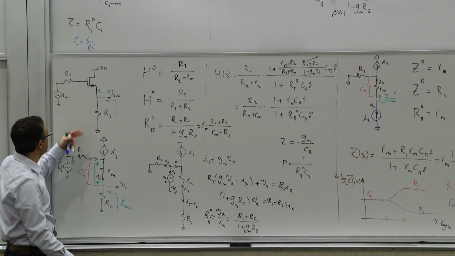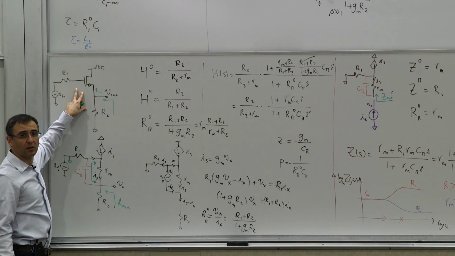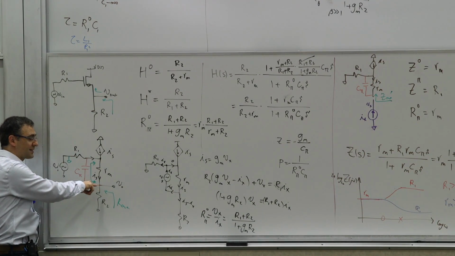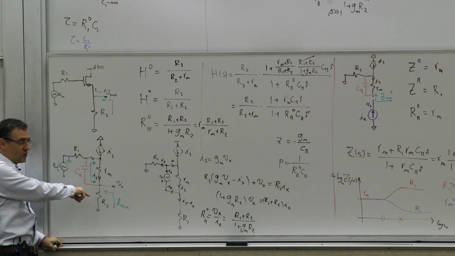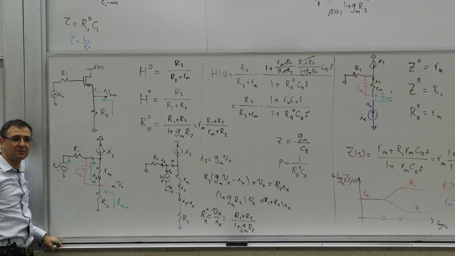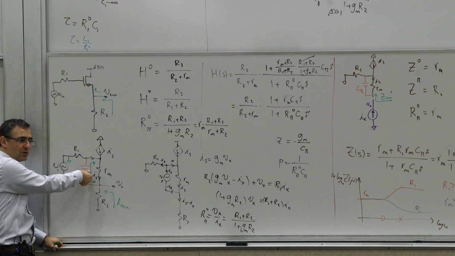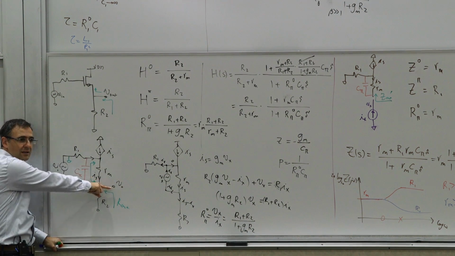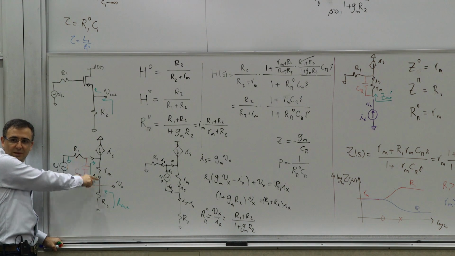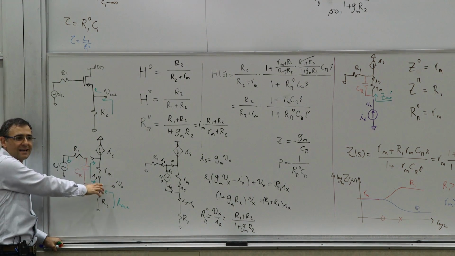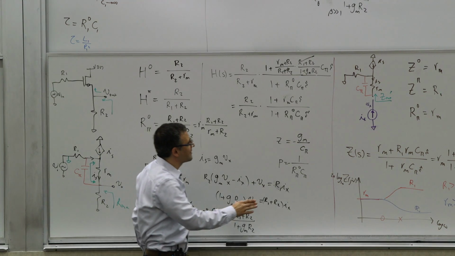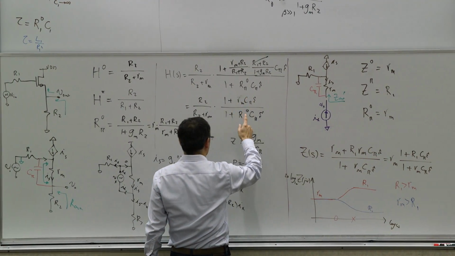So this was the example. We did it before. A source follower, right? If you short circuit this capacitor, the polarity of your transfer function did not change. When it was open circuit and short circuit, both of them have non-inverting gain from this input to that output. And that led to a left half plane zero.